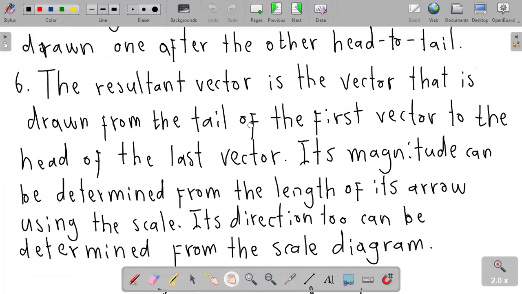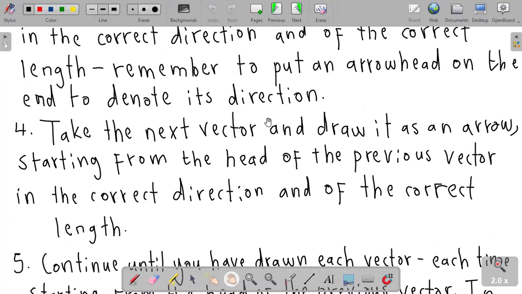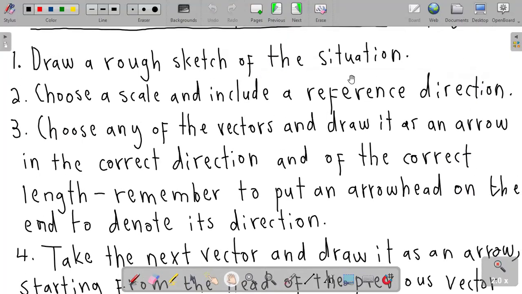You remember from the steps what we do. Step 1, you must draw a rough sketch of the situation. Then step 2, you must choose a scale and include a reference direction.